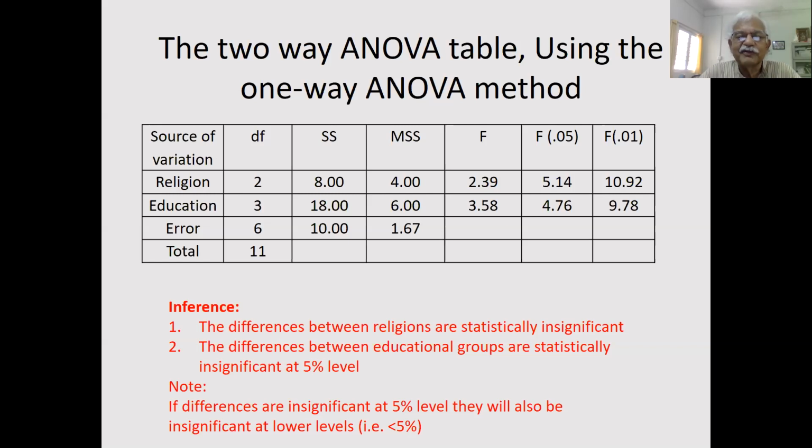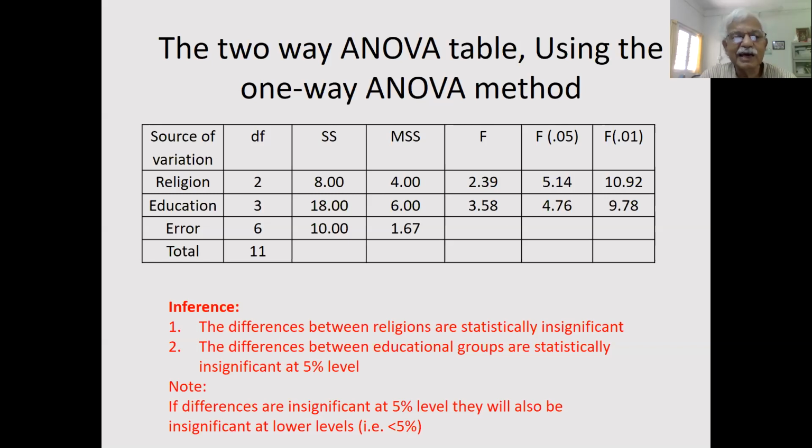Now, F ratio. Now, friends, if you divide sum of squares by degrees of freedom, in this case there will be 4 sums of squares: sum of square for religion, sum of square for education, sum of square for error, and total sum of square, which happens to be 36. Now, under the null hypothesis, it can be shown mathematically that all the estimates of variance of the population, which are mean sum of squares, will be same if null hypothesis is correct.